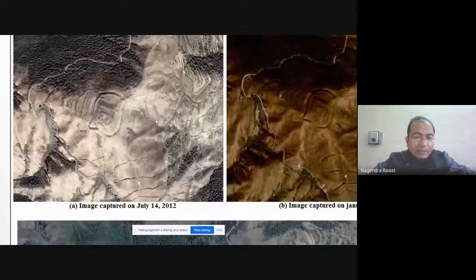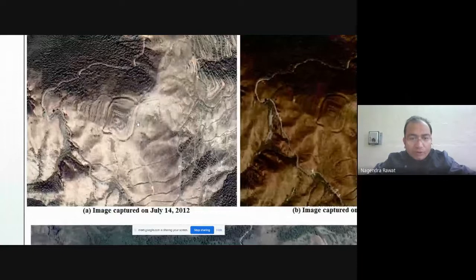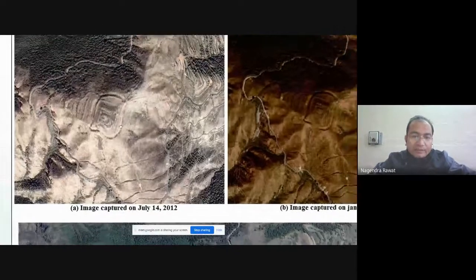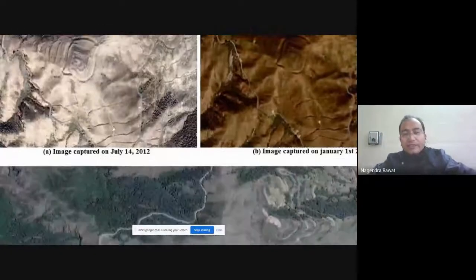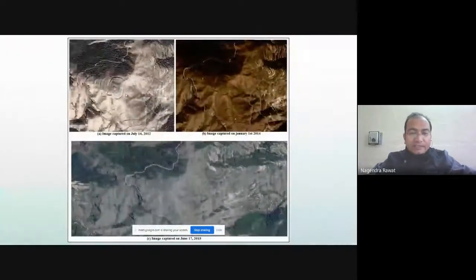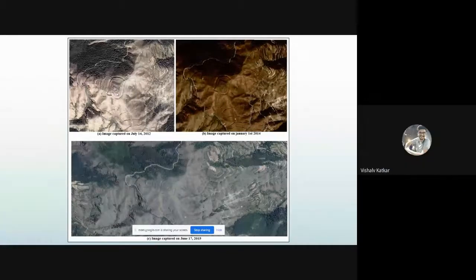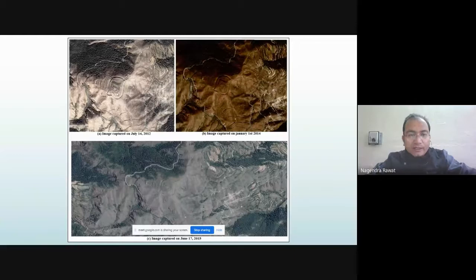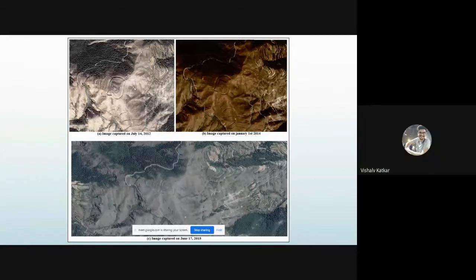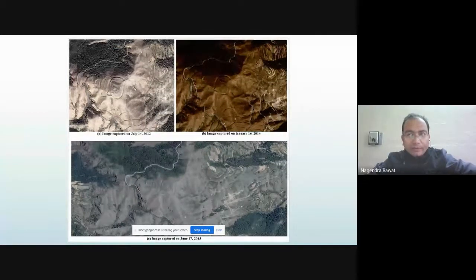I think it is a medieval or early medieval fort in this part of the Himalaya. And the interesting thing is that the imagery I'm showing you is located in the Himalayan region. This is a mountainous region, not a plain region. Which region, is it Garhwal or Kumaon? Yes, this is in the Garhwal Himalayan region. If you see the map of the Garhwal Himalaya, it is in the Yamuna Valley, in the borderland of Himachal Pradesh.